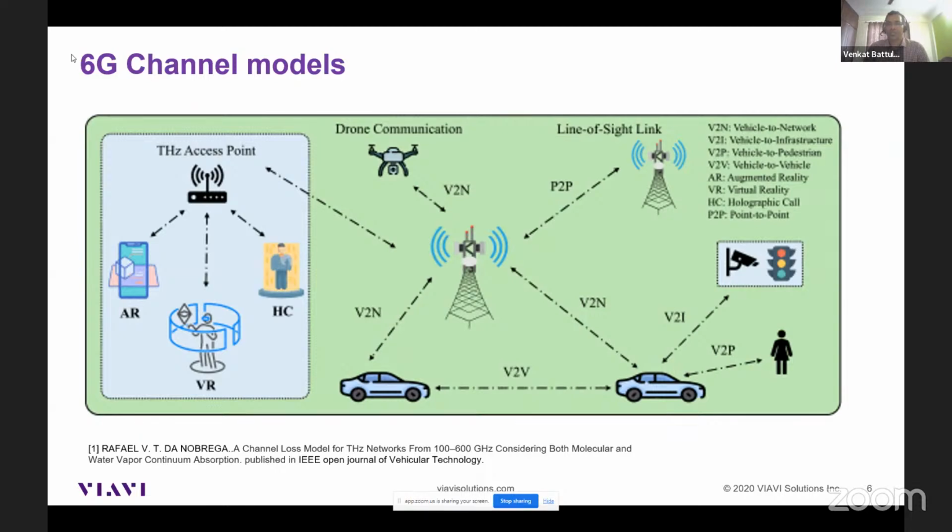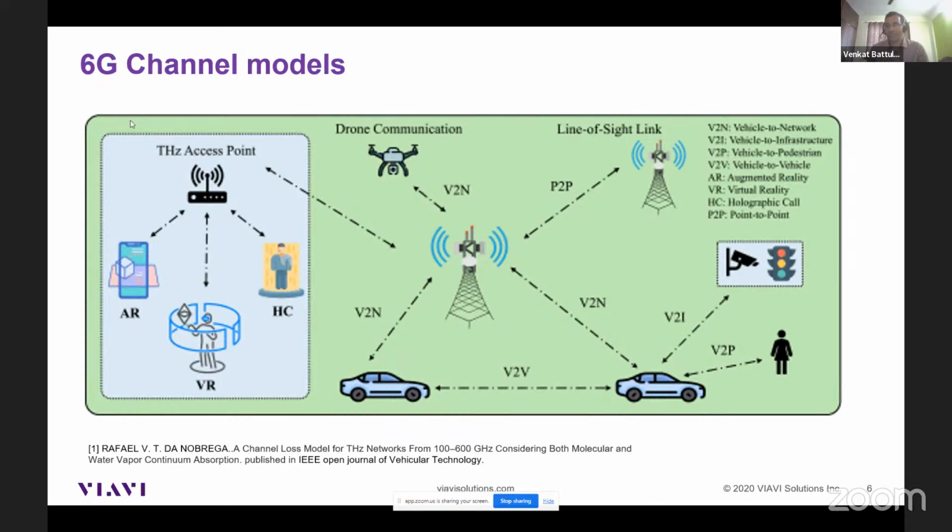Now you see autonomous vehicles communicating over the V2V interface, vehicle to vehicle communication, vehicle to network communication, that is V2N, then V2I. When the vehicles are moving autonomously in the field, they also need to know the traffic signals.